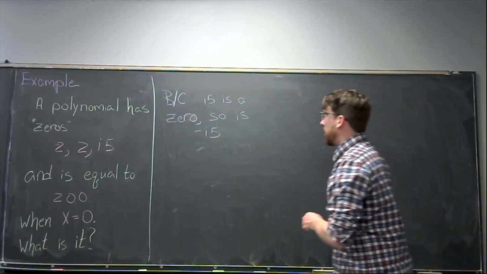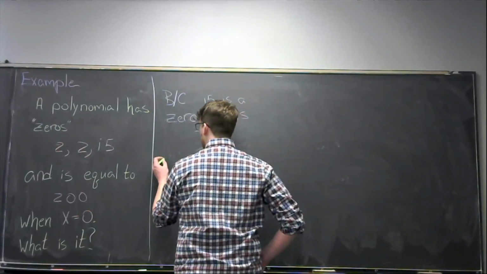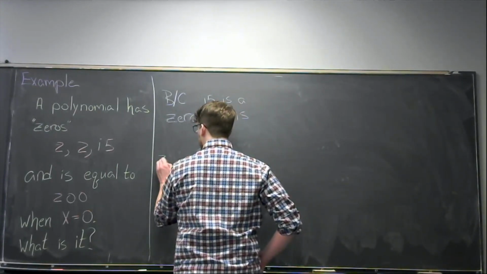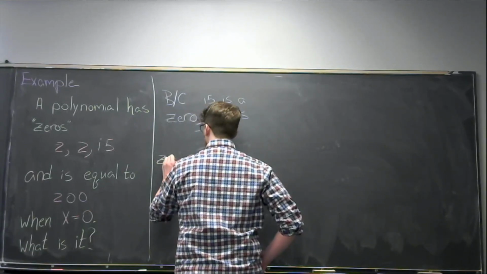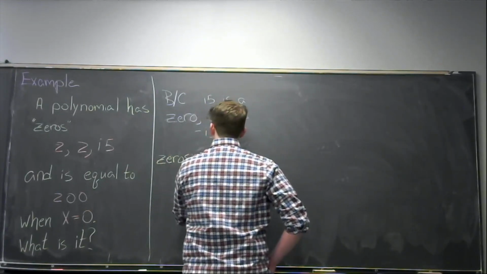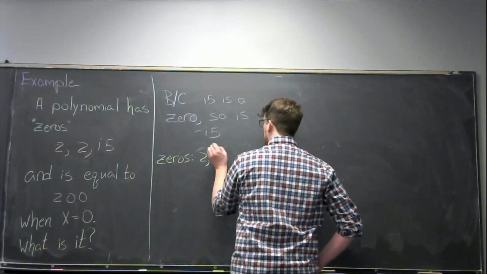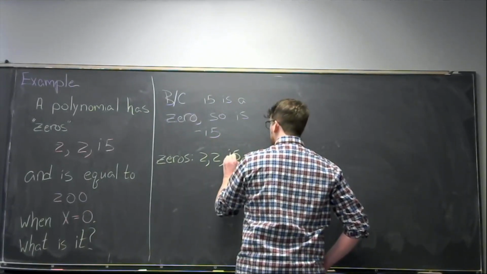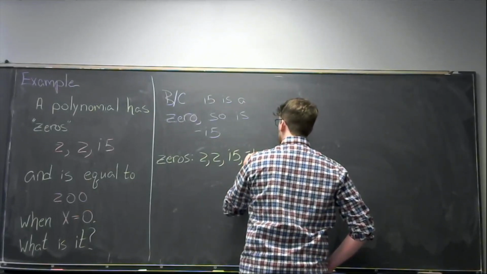So together this tells us that our zeros, or roots, are 2, 2, 5i, and negative 5i.